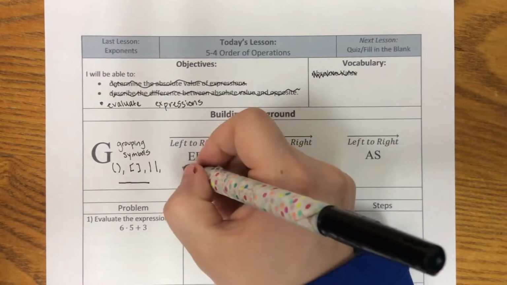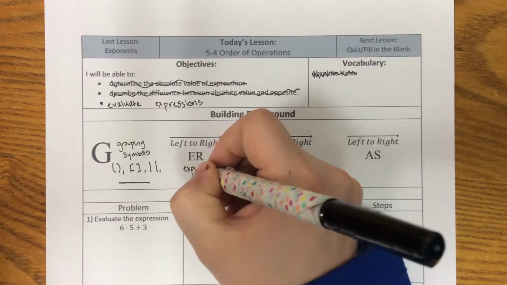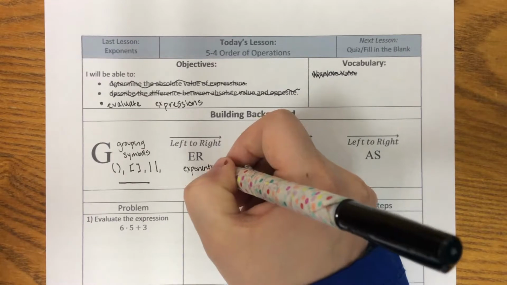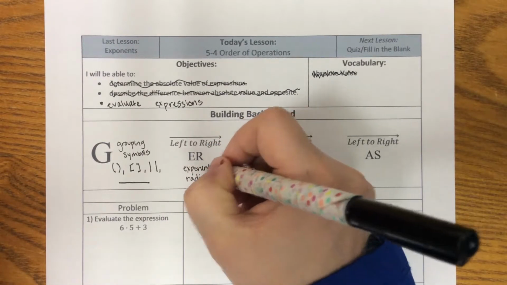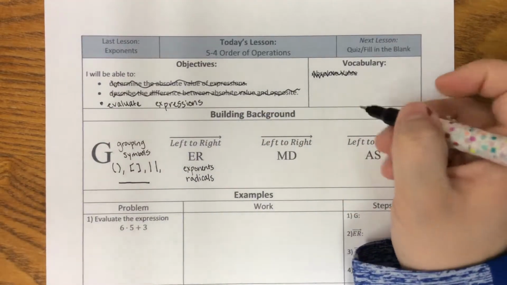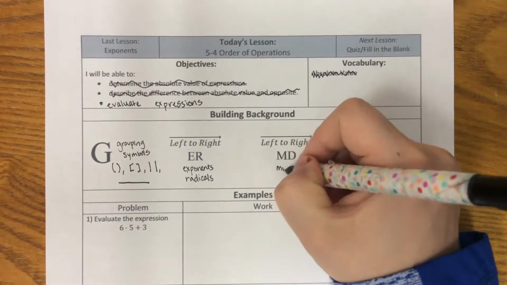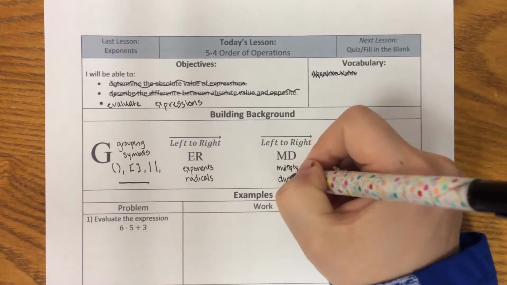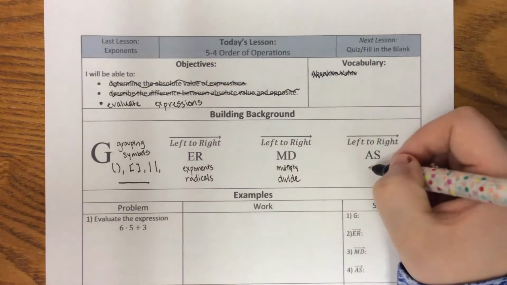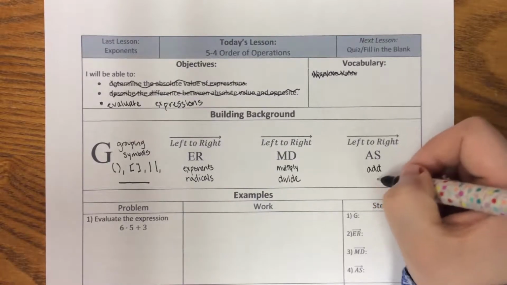Then we have E to R, exponents and roots. Or did I say radicals before? I think I said radicals. We haven't done radicals yet, but we're now going to do exponents. And then we have multiplying and dividing, left to right, so whichever one comes first. And then we have add and subtract, left to right.